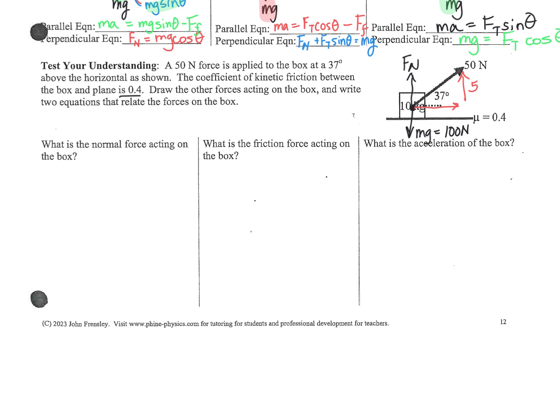So this is going to be 50 times the sine of 37. And this, of course, is going to be 50 times the cosine of 37 degrees. Now, the only other force we have acting is, if this block is being moved that way, which we're pretty sure it is, since it's being pulled that general direction, a force of friction, which is this way. So let's see if we can figure out what's going on here.